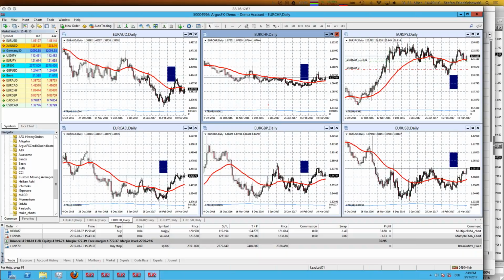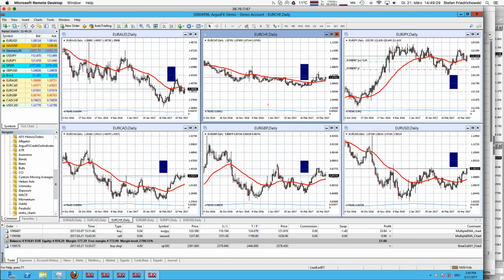Honestly speaking, all three charts, Euro against Canadian dollar, British pound, and US dollar, really look quite similar, so there's no really good preference. I personally go for Canadian dollar as my selection for the leading symbol.